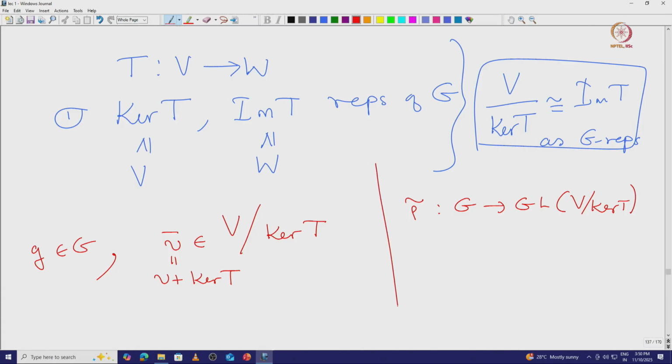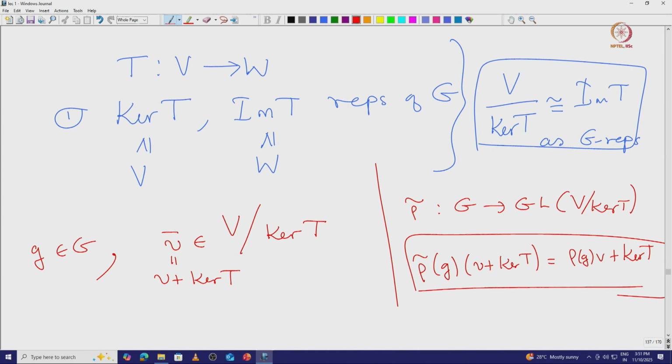This you define as follows: rho tilde(g) on this v plus kernel T, you define it to be rho(g)(v) plus kernel T. Since kernel T is already invariant under the action of elements of G, and rho(g) is a map from V to V, rho(g) induces a map from V modulo kernel to V modulo kernel. So, that is the map that we are defining here.